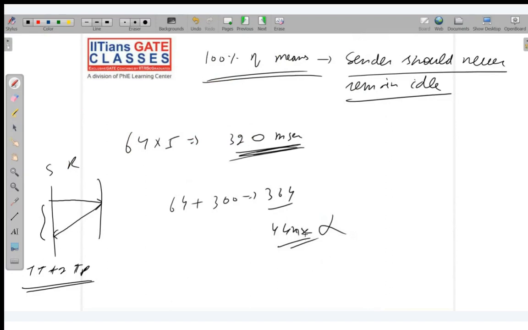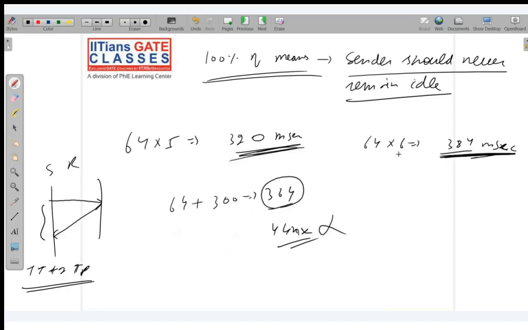If we take 6 as the answer, then what should we do? 64 into 6 comes out to be 384. So for 384 millisecond it will be busy, and TT plus 2 TP is coming to be 364. So obviously you remain busy.